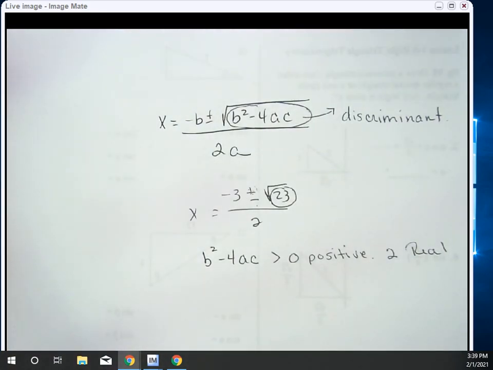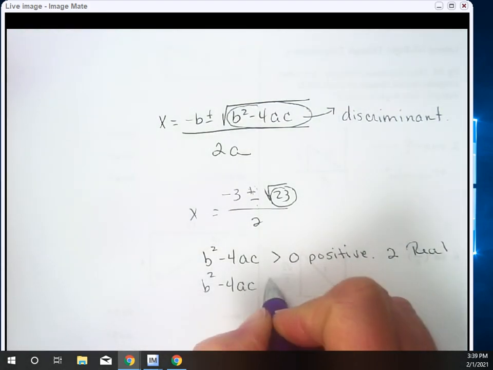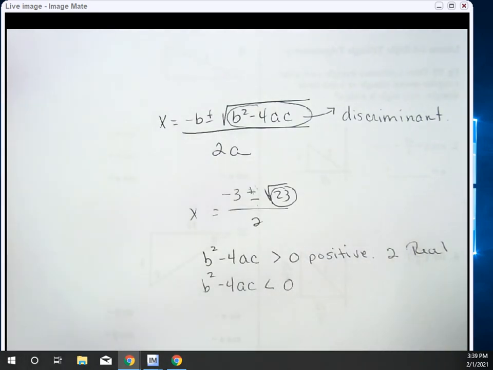The next thing that you're going to look at is what happens if there is a negative underneath that radical. b squared minus 4ac negative. Now, in upper level math, we don't say, oh, there's no solution, you can't do it.